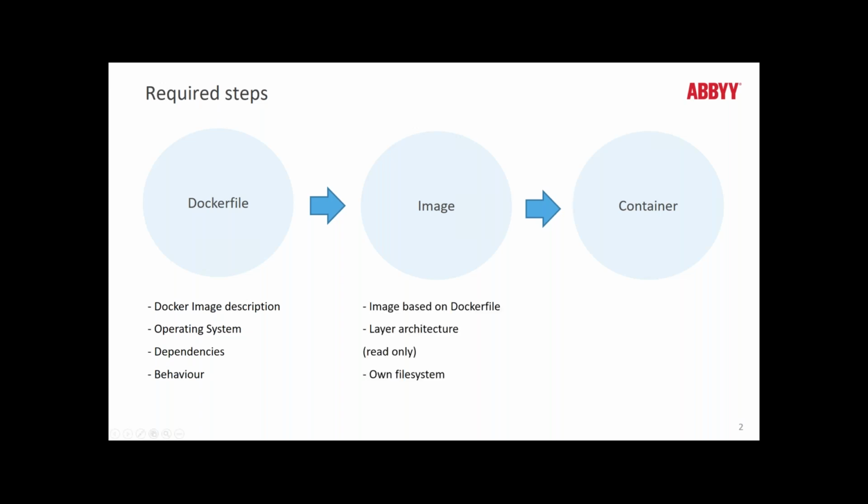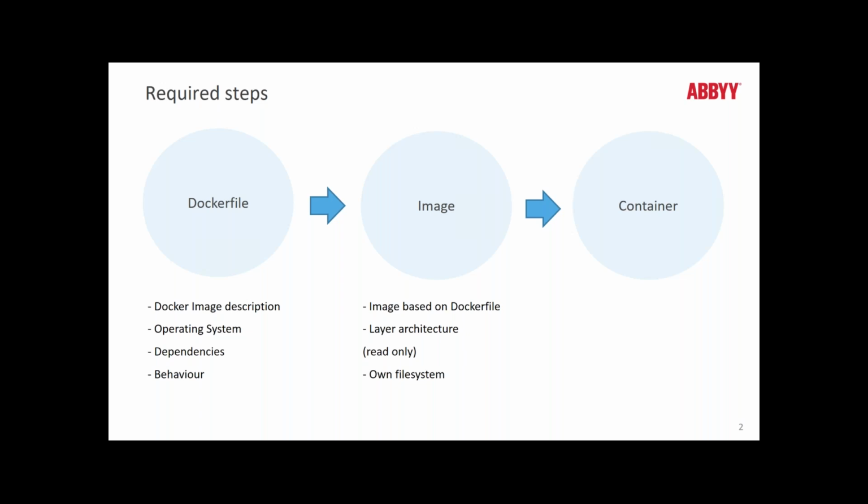The image itself is what I just described in the Dockerfile. It is based on the Dockerfile that we write in the first step, and Docker can automatically create the image based on it. One of the most important things I still want to mention is that the image Docker creates is created in a layer architecture.